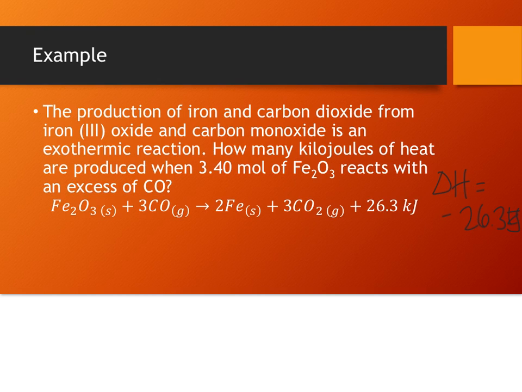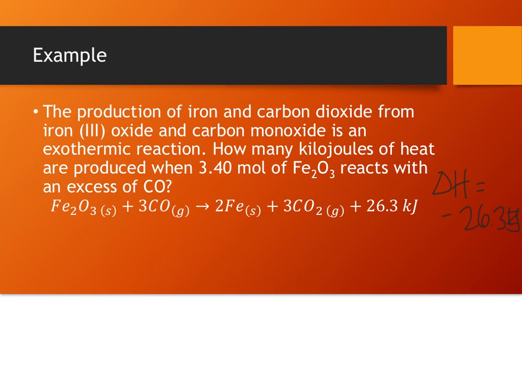What this says is that for every 1 mole of this and 3 moles of this react, I'll get 2 moles of this, 3 moles of this, and 26.3 kilojoules. That also says for every 2 moles of this that are produced, I'll get 26.3. Or for every 3 of this is produced, you get 26.3. Hopefully you're kind of getting that for any coefficient moles of these, we get our enthalpy change worth of joules.